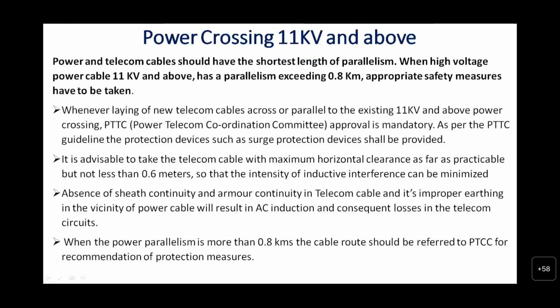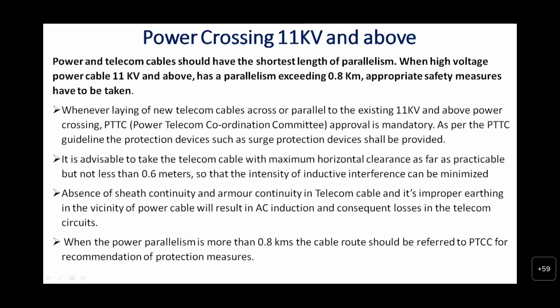Now, power crossing of 11 kV and above. There are chances of power line crossing across our tracks, so some precautions are to be taken while carrying out these works in quad cable laid locations. Power and telecom cable should have the shortest length of parallelism.